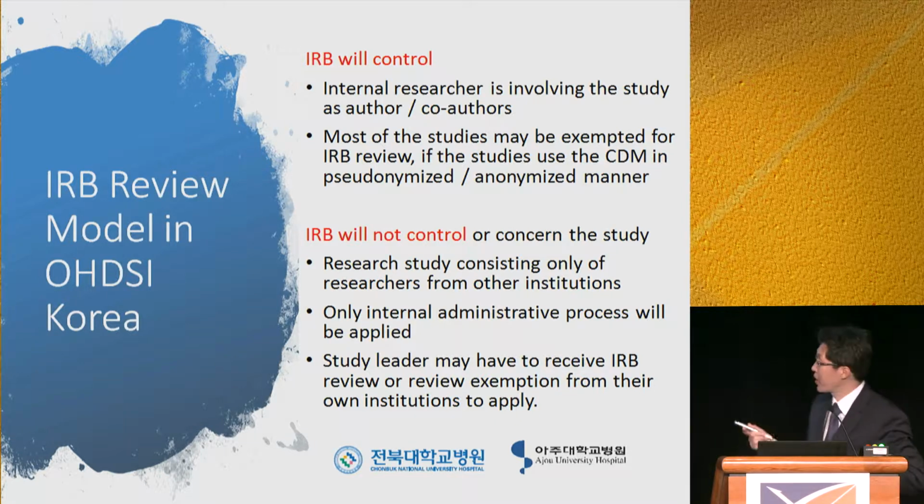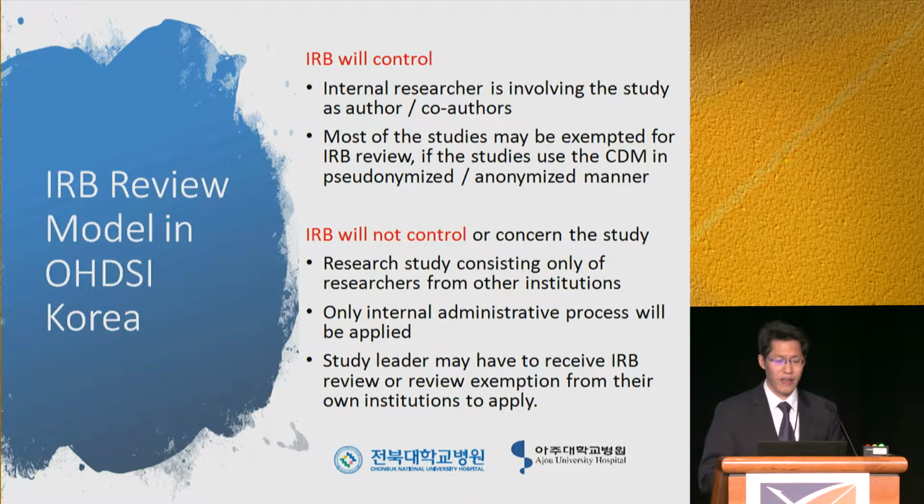The two hospitals, Jeonbuk National University and Ajou University Hospitals, IRB, recently decided that the IRB will control when the internal researcher is involved in the study, as also are co-authors. As you see, we are using the pseudonymized data, so most of the IRB will be exempted because we use such kind of the pseudonymized data.